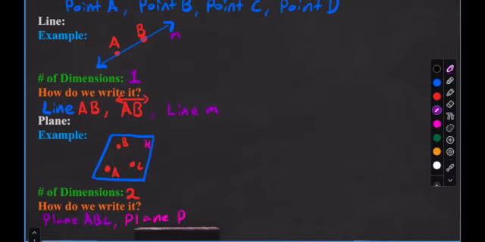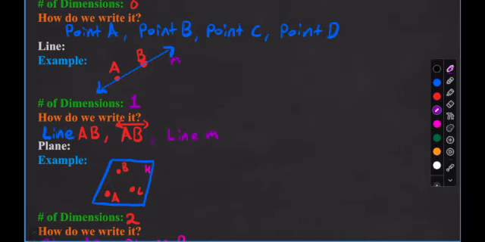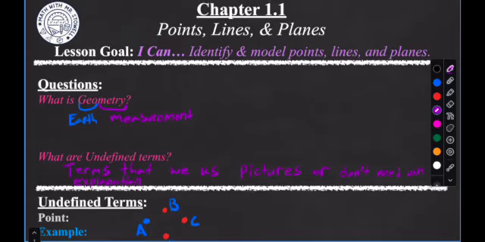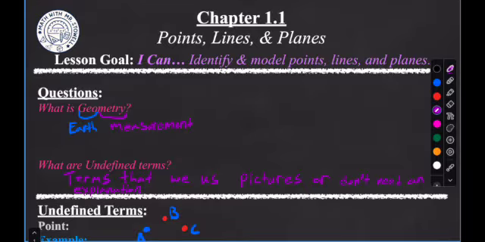We talked about undefined terms, the points, lines, and planes. We call them undefined terms because they are something so simple that we don't really need to explain what they are. And they're easy to see with pictures. And we also mentioned what geometry was. So by the end of this lesson, I hope that we can identify and model points, lines, and planes.